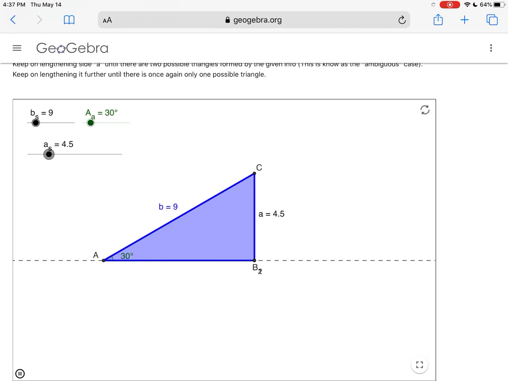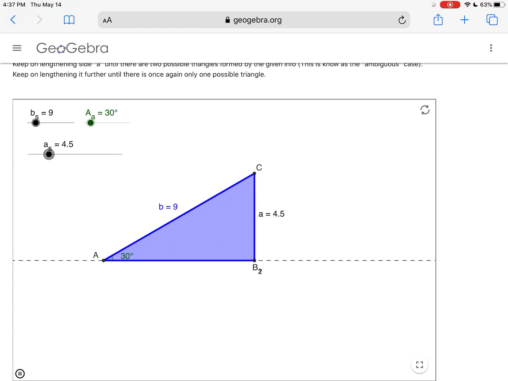So the triangle can exist if a is long enough to form that second side. So you'll notice that it says angle B at the bottom. In this situation, you'll end up with a single value for angle B, a single value for angle C that you're going to solve for, and then a single value for side c, little c.